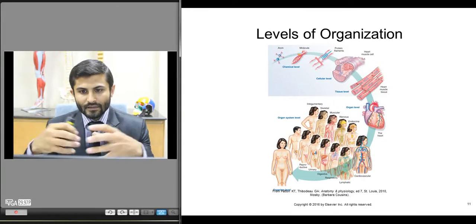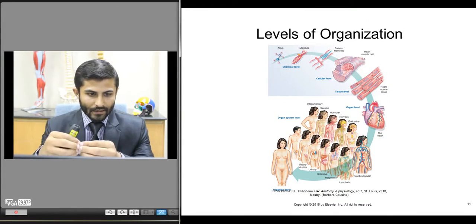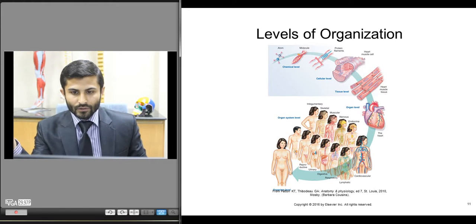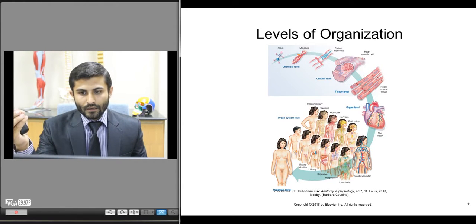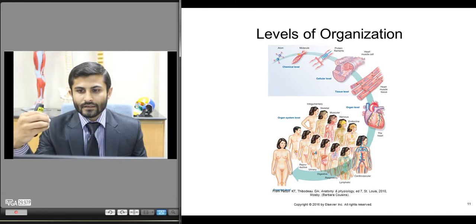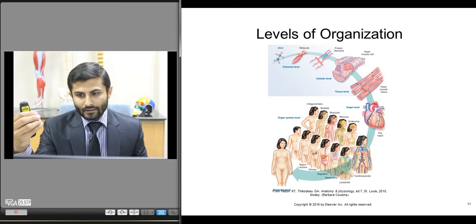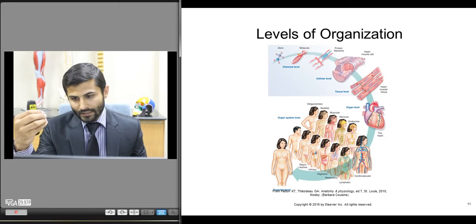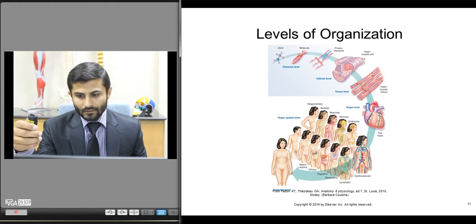In this picture we can see from the atomic level we are going to the chemical level, that is molecule. Then from molecules we are moving towards more complex structures, that are cellular levels, and then we are moving to tissue levels, organ levels, and all the other levels.